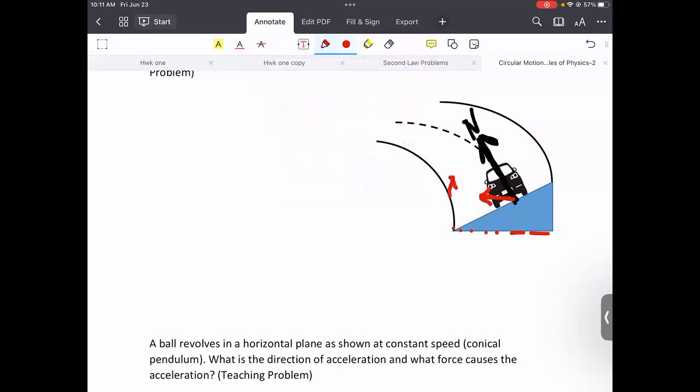I'm going to put N sub H. That's the horizontal component of the normal force. And the vertical component will be here. So this will be NV. I don't know if that V is clear, but it's NV. That's the vertical component of the normal force.